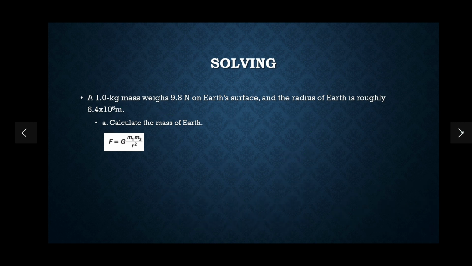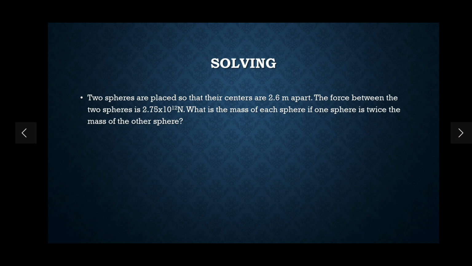Let's solve one last equation before moving on to the next topic. Two spheres are placed with their centers 2.6 meters apart. The force between the two spheres is 2.75 times 10 power of negative 12 newtons. What is the mass of each sphere if one sphere is twice the mass of the other? Let's go.